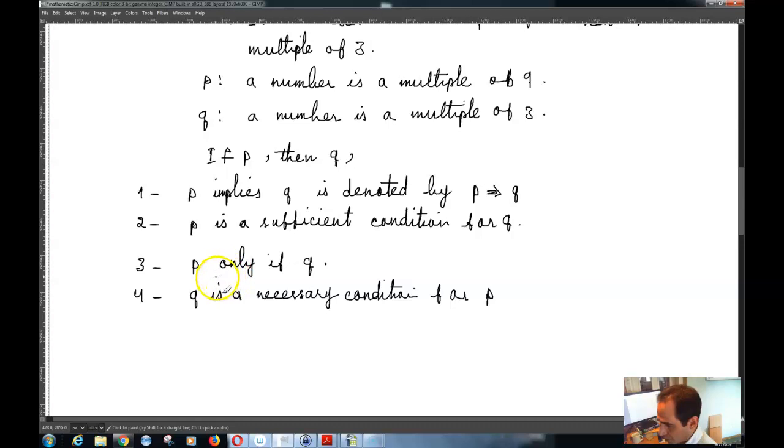And also you can say that Q is a necessary condition for P, meaning that when a number is a multiple of 9, it is necessarily a multiple of 3.